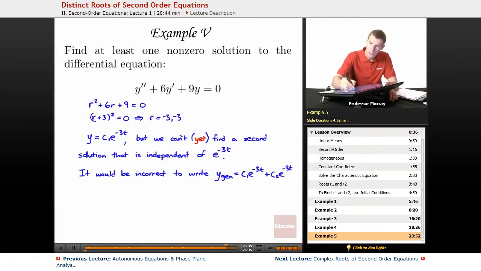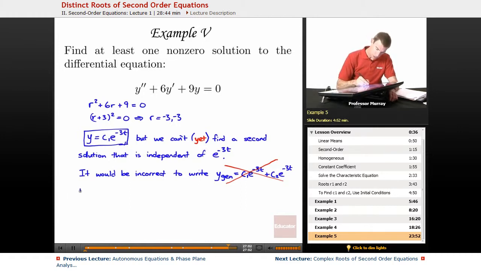If you wrote that, that would be incorrect. That is not the general solution, because you really have two copies of the same solution there. You need to find a second independent solution. We haven't learned how to do that yet. So in the meantime, all we can offer as a solution is just c1 e to the negative 3t.